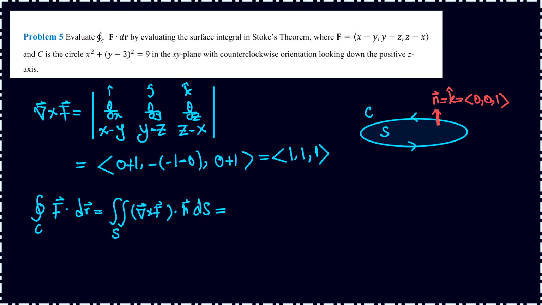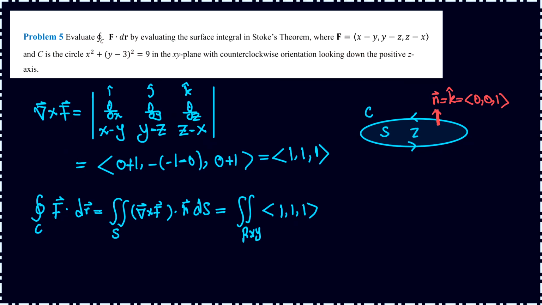We have simplified this to the double integral over the region of the curl of f, which is constant, therefore I don't need to put the equation of the surface into the curl, right?